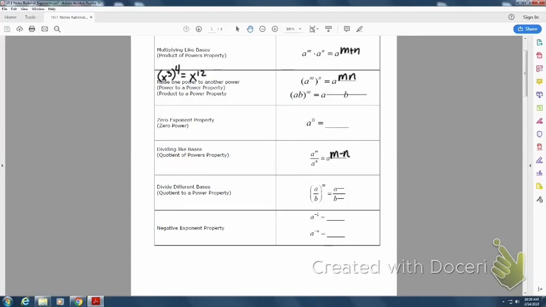Whenever you have two, it's the product to a power property. Whenever you have these parentheses and you've got an exponent, you got multiple things inside that parentheses, that exponent belongs to both of them.